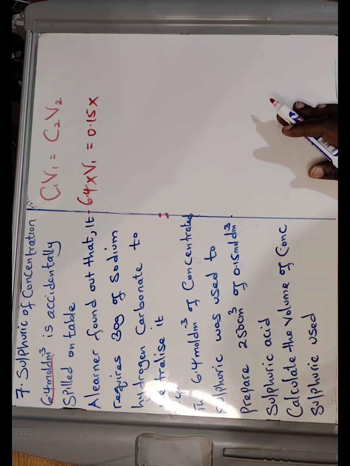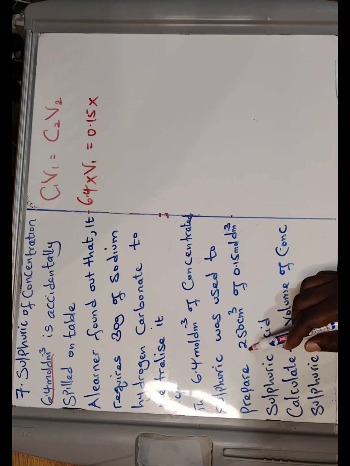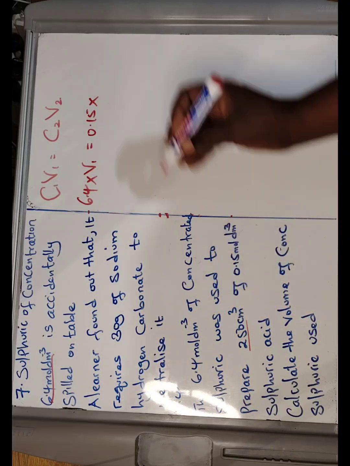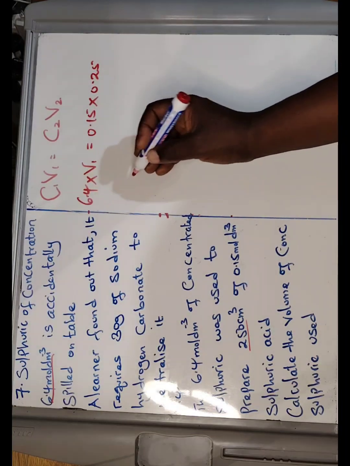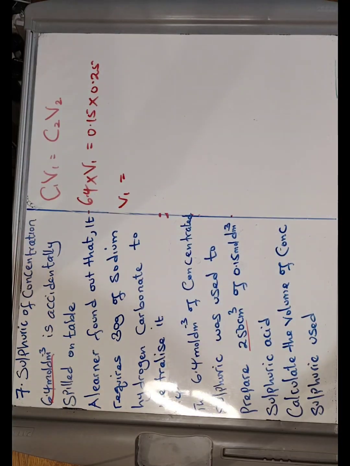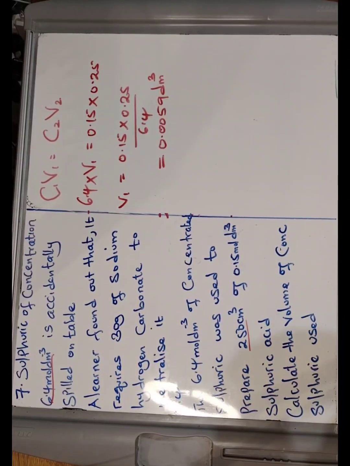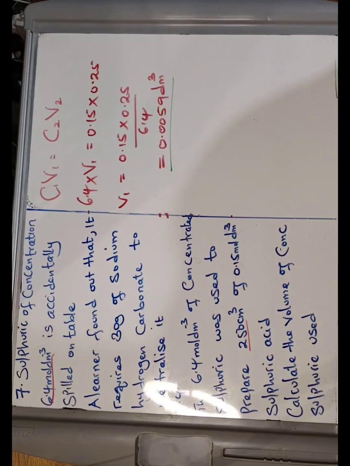The volume which we are preparing, if we want to make it in cubic decimeter, we divide by 1,000, and we get 0.25. The only unknown is V1. After computing, we get the volume of the concentrated sulfuric acid required to prepare this concentration of this volume.